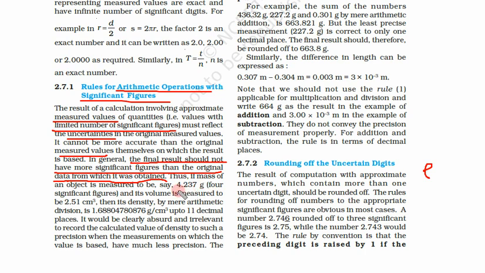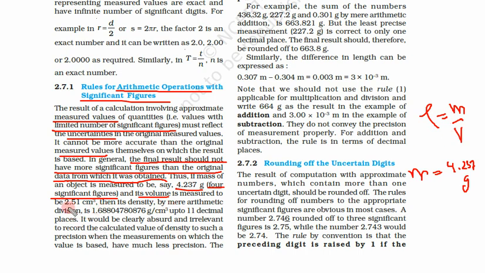First we measure the mass. Mass is equal to 4.237 grams, which has 4 significant digits. Now we measure the volume V. Density is equal to mass upon volume.